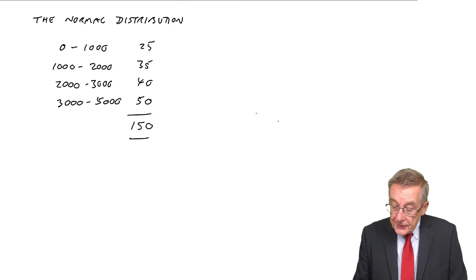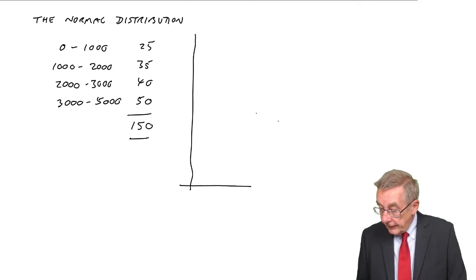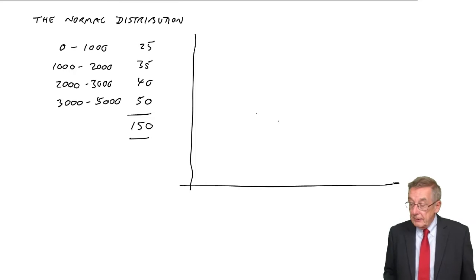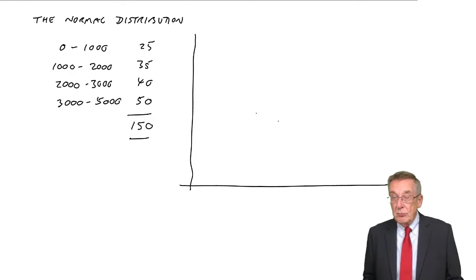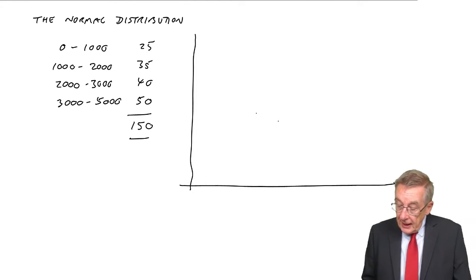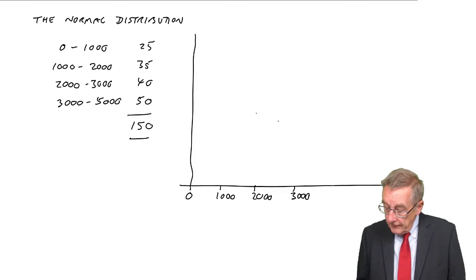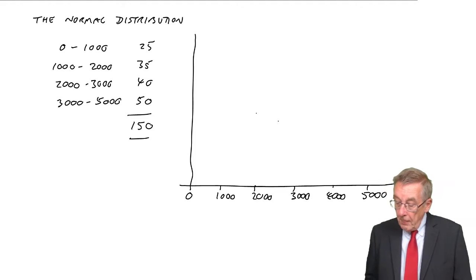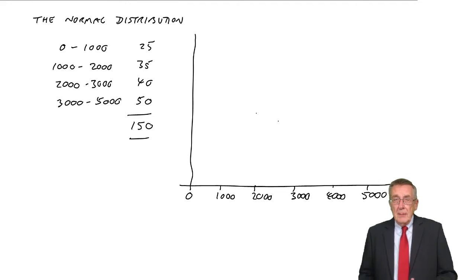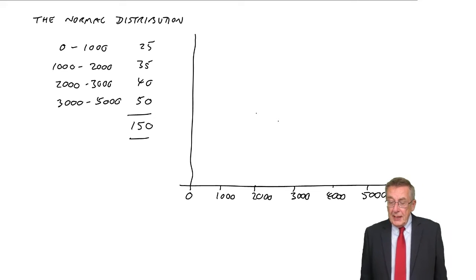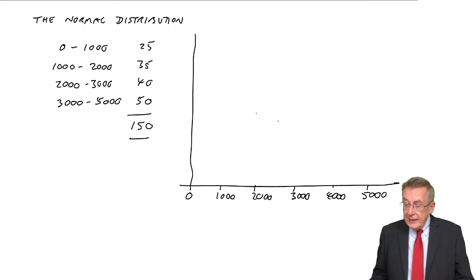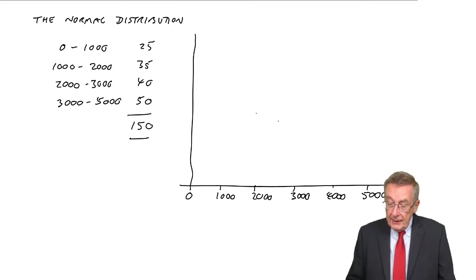All right, well, if you remember the histogram, and forgive me, I've not got a ruler here, so it's not going to be terribly pretty. Along the bottom, we have the ranges. So it was 0 to 1,000, 2,000, 3,000, 4,000, 5,000. And we drew bars upwards, so to speak, depending on the frequency.